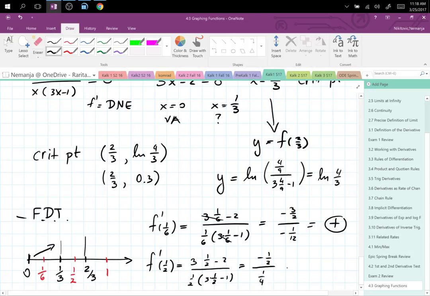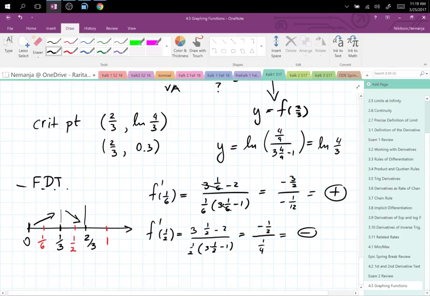So that's negative. I don't care about the value. So it appears that we have some kind of a maximum at 1/3. Great. So there's a max there.